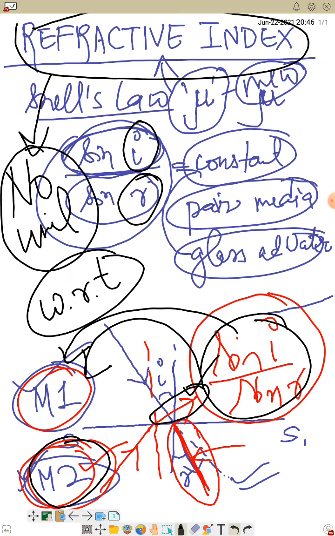Refractive index is merely a number. Why? Because it is a ratio, a comparison of two similar quantities, hence it has no unit. So I hope now you all understood the refractive index.